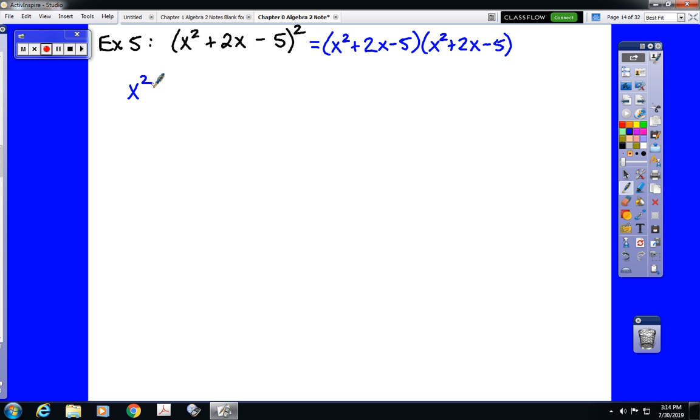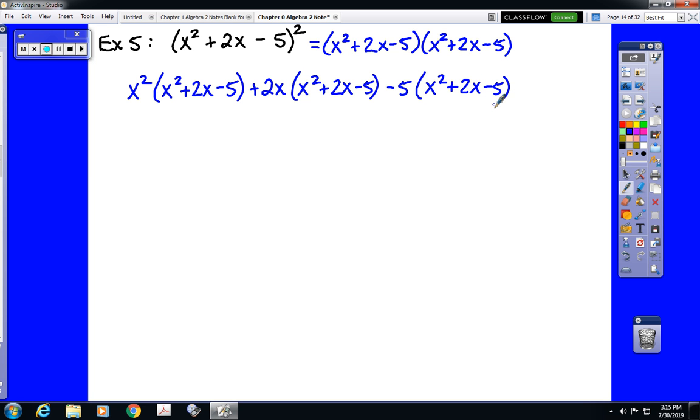So we take the first term in the first polynomial times the second polynomial. The second term in the first polynomial times the second polynomial. And the third term times the second polynomial. Then we go in and we distribute each of those. So we have x squared times x squared plus x squared times 2x plus x squared times negative 5.